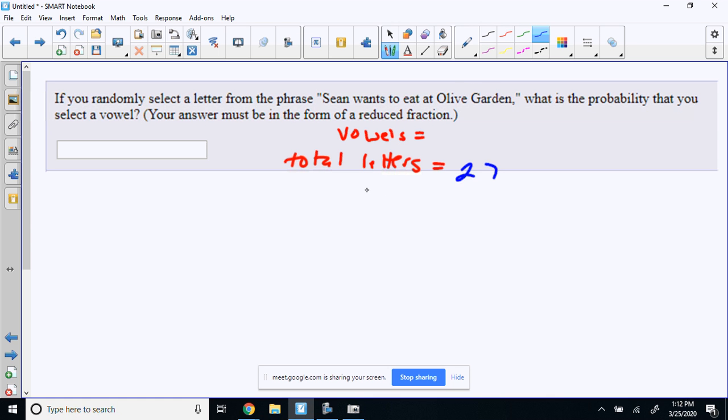I got 27 letters. Do you agree? Okay, now what is a vowel? A vowel, A, E, I, O, U, right? So I see 12 vowels. See if you see the same thing.